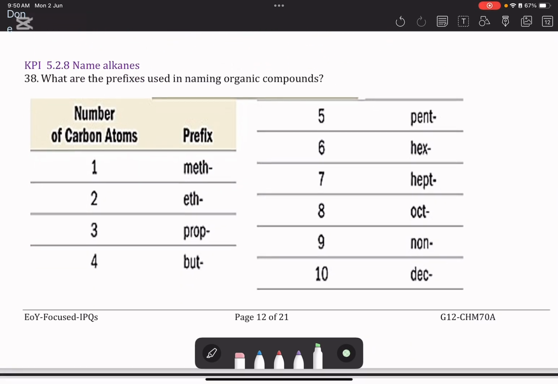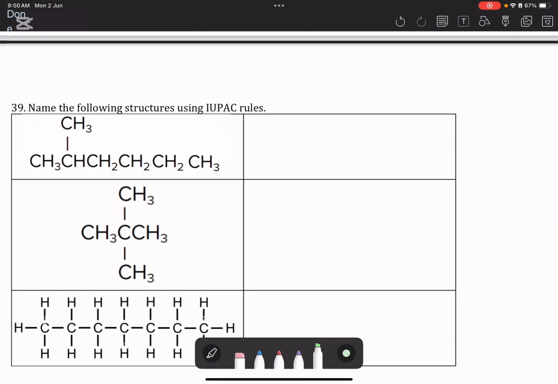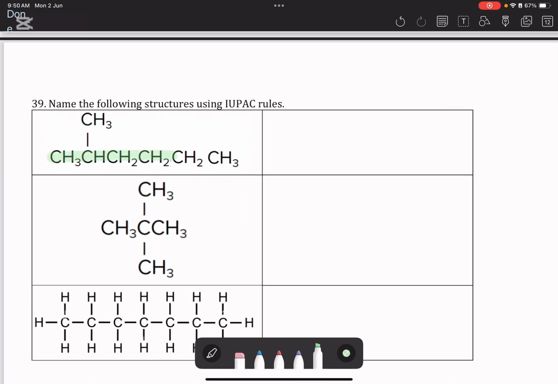What are the prefixes used in naming organic compounds? I advise you to memorize this table, as it's not going to be given to you in the exam. So here we go. First, we choose the main chain, and I have a branch on it, and I'll start counting from the side closer to the branch. 1, 2, 3, 4, 5, and 6.